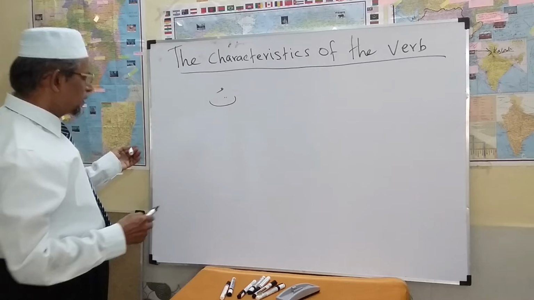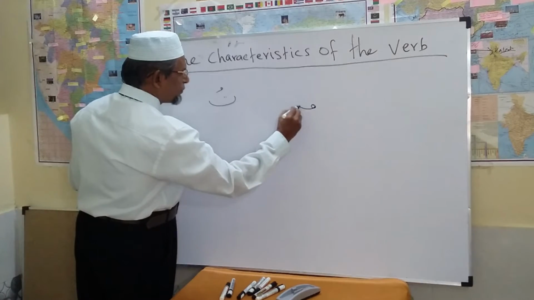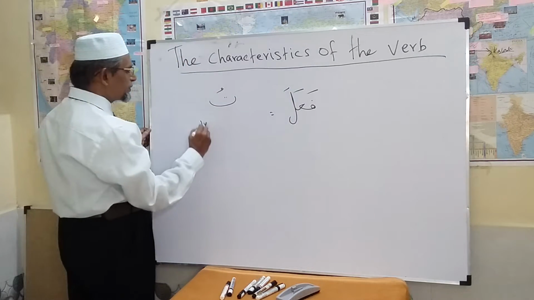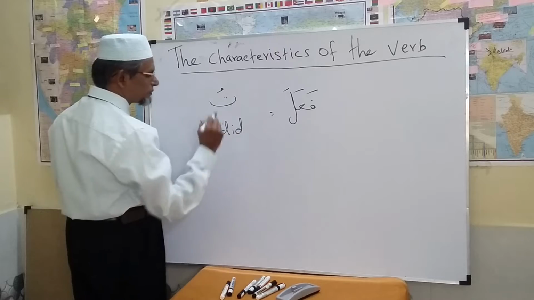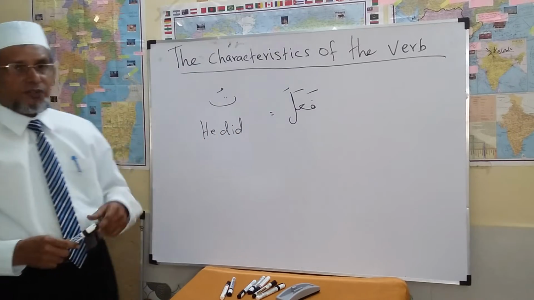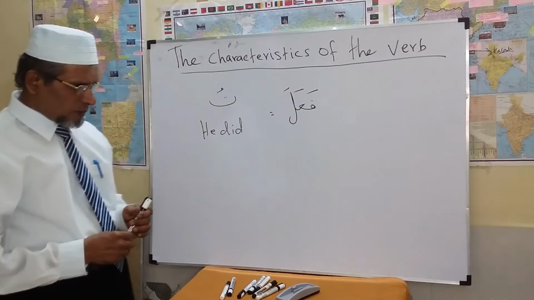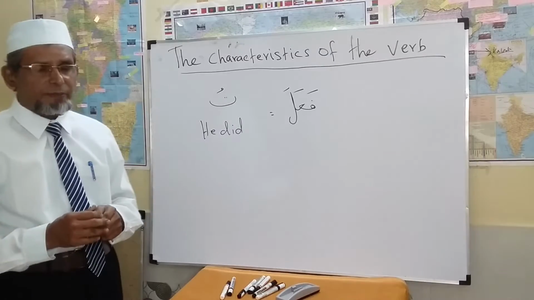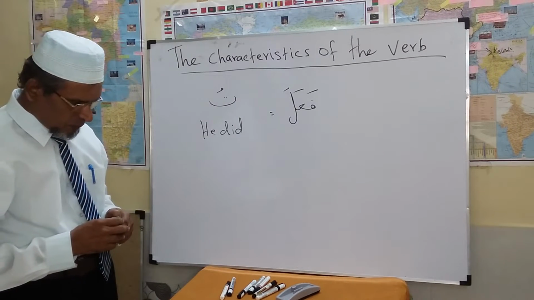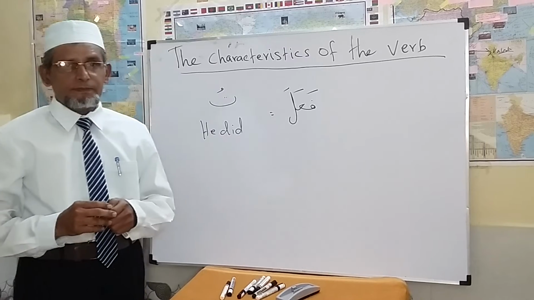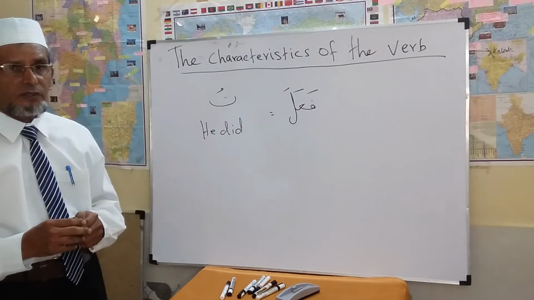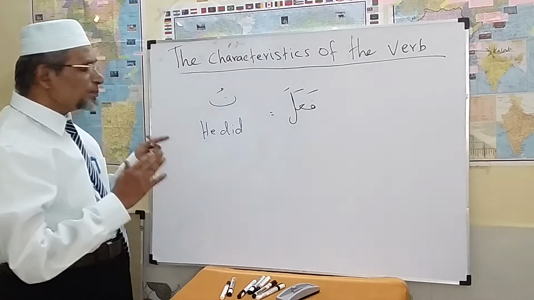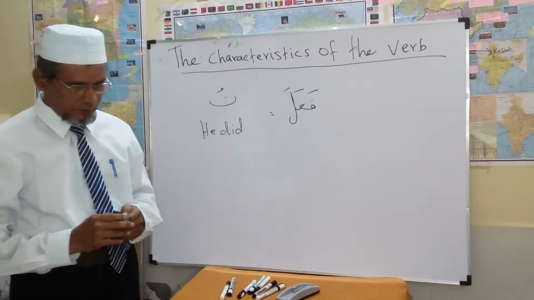For example, there is a word in Arabic, fa'ala, which means he did. Fa'ala is the verb, and it is the simplest form of the verb in Arabic. The verb fa'ala is past tense, third person, masculine and singular.